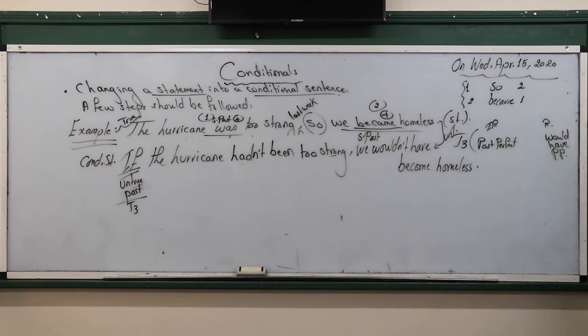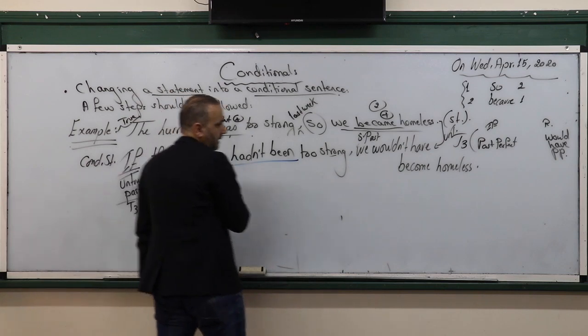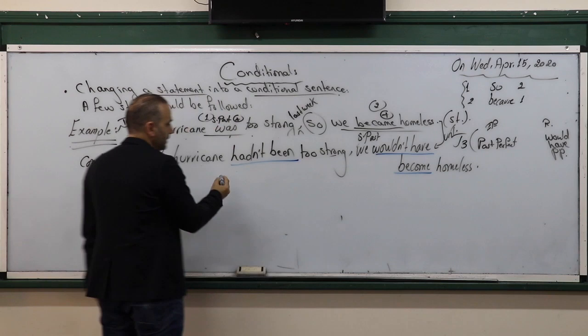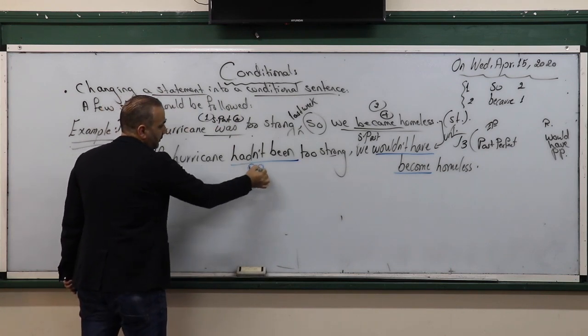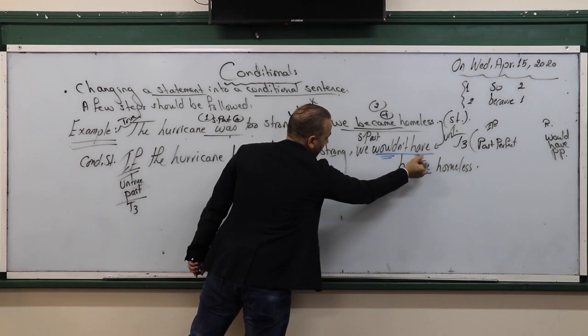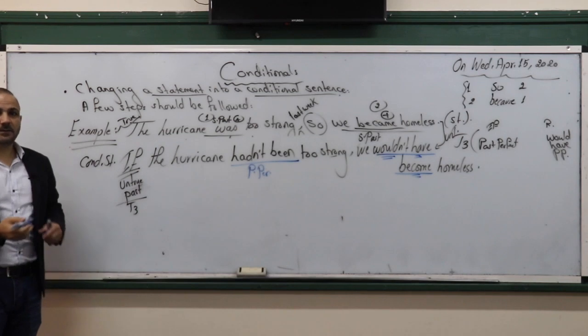Clear? Clear or not? Of course it should be clear. So that's type 3. Okay? Had, hadn't been, wouldn't have become. That's it. Past perfect. And also would plus have plus the past participle of the main verb. And that's type 3. Okay?